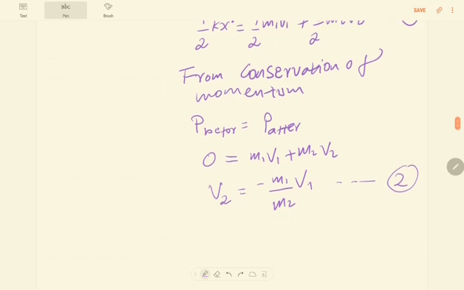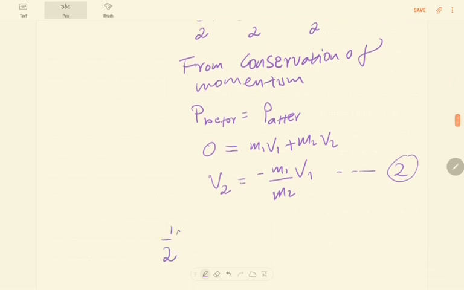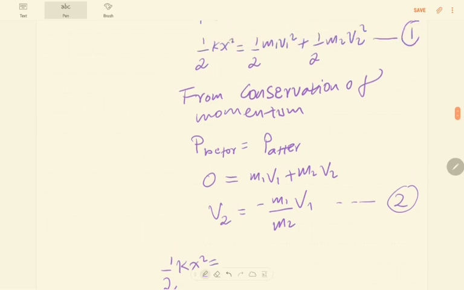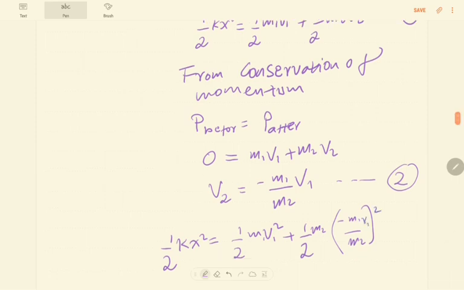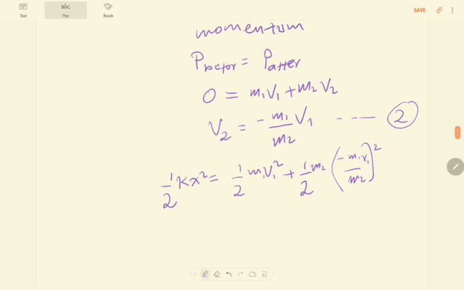So half k x squared is equivalent to half of m1 v1 squared plus half of m2 times minus m1 over m2 times v1, all squared. We don't need the half term, and all the given information is right there. We know the spring constant, we know the maximum spring compressed length.